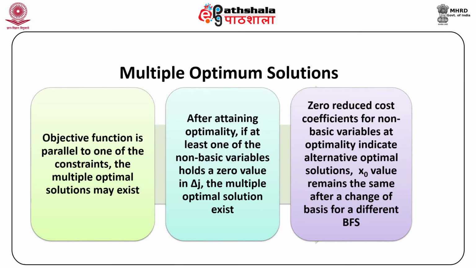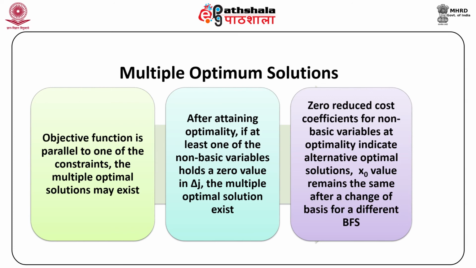When the objective function is parallel to one of the constraints, multiple optimal solutions may exist. After attaining optimality, if at least one of the non-basic variables holds a zero value in gradient j, multiple optimal solutions exist.